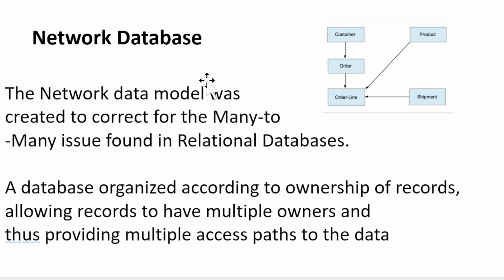You know how when we have many-to-many in a relational database, we have to create lookup tables or an intermediate table, which is an issue. The network database does not have this problem. It's designed to quickly handle multiple people owning something, multiple people having possession of a record, which is how it is in the real world. Think about a Git repository, where you're working on programs together. Multiple people are in the program.